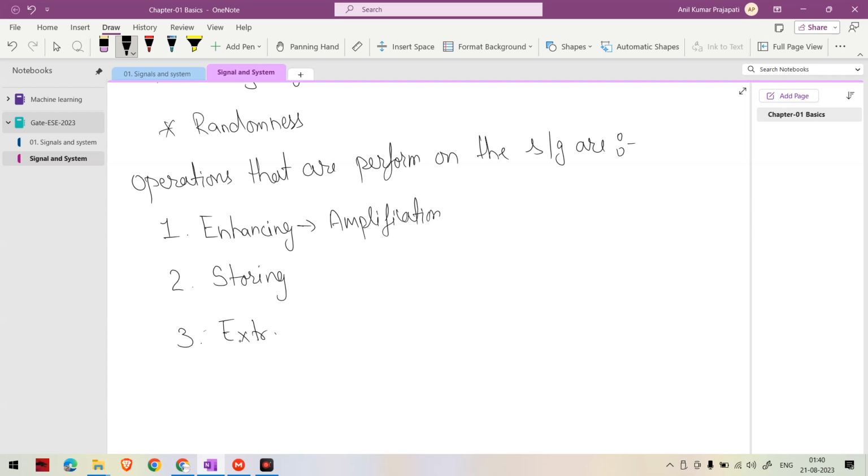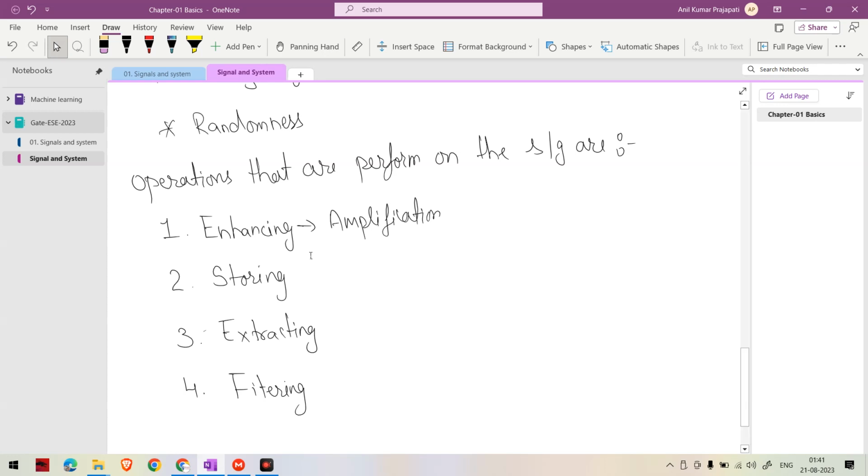Another operation is filtering: removing some frequencies from the signal, or taking some desired part and removing some undesired things from the signal. These are the basic operations that nowadays every device performs on a signal, and we made our systems to perform these tasks.